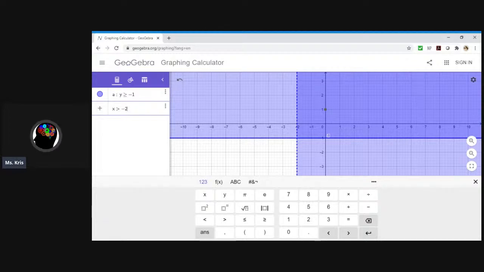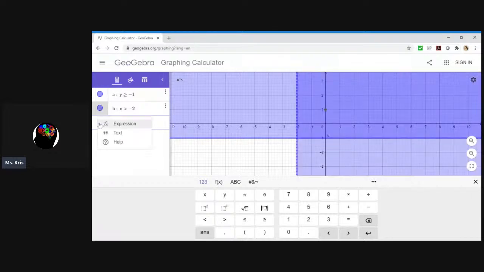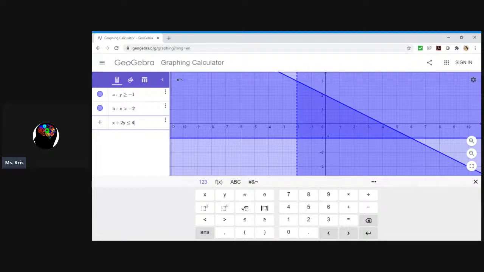Then you have, let me change the colors here, x plus 2y, that is less than or equal to 4.